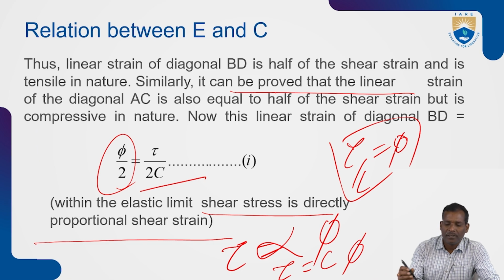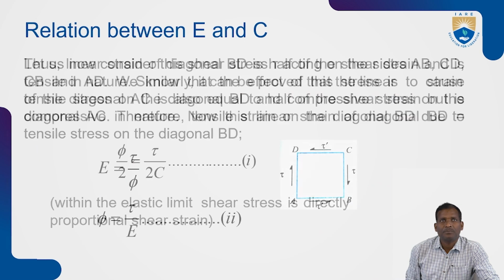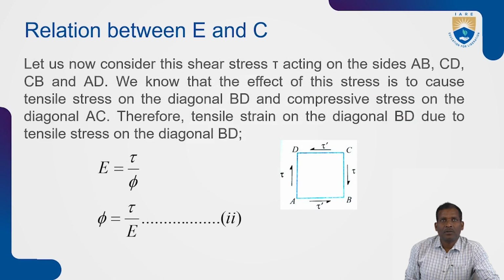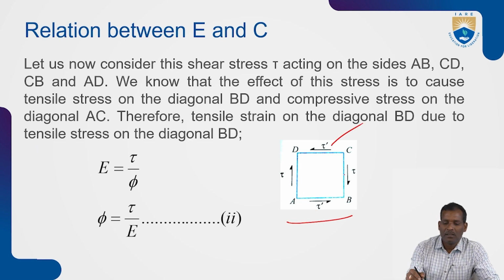Okay? So that's why you can write phi by 2 is equal to tau by 2C. Let us now consider this shear stress acting on the sides AB, CD, and then CB and AD.